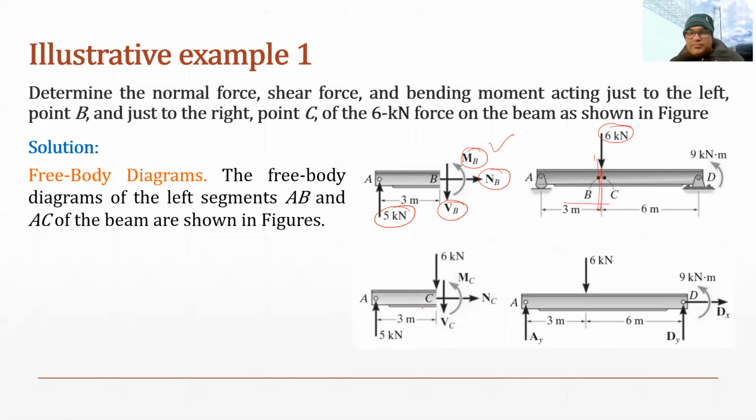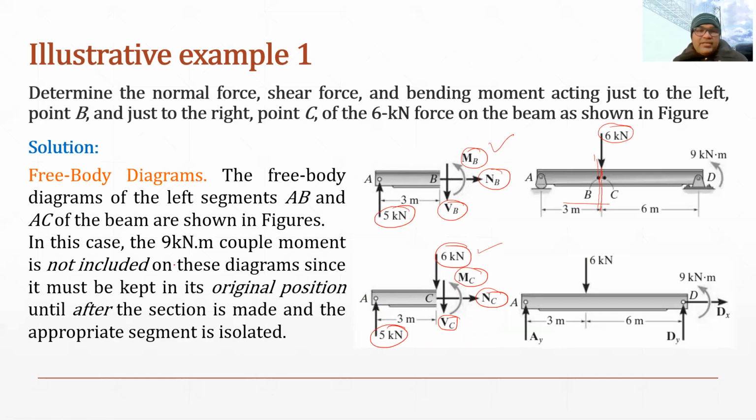You can see here, this is the reaction, and this is the shear force at point C, bending moment at point C, normal force at point C, and also the vertical external load. These are the external load and internal loading shown in the free body diagram.